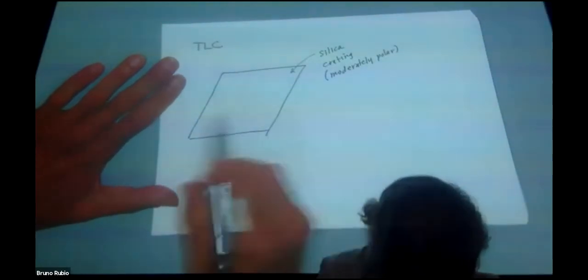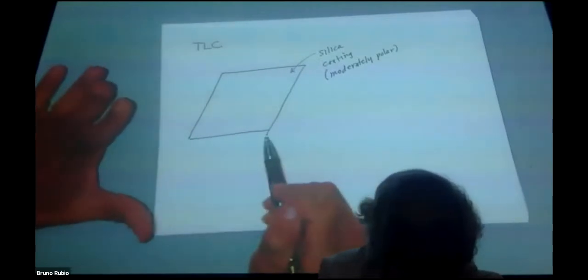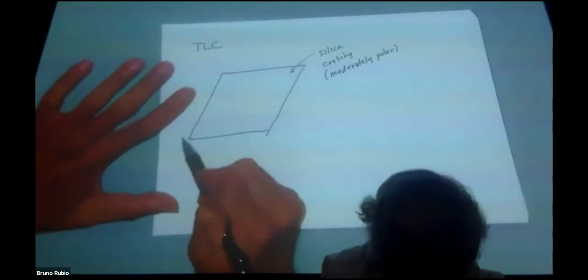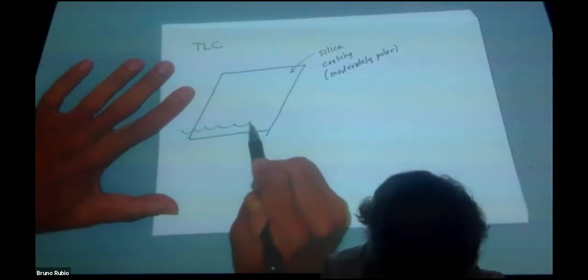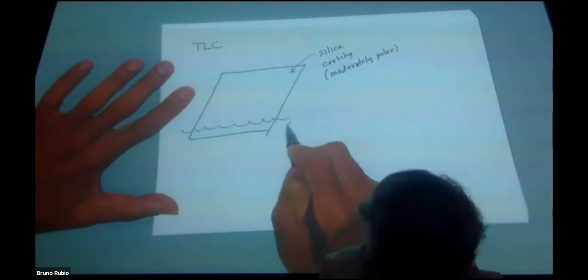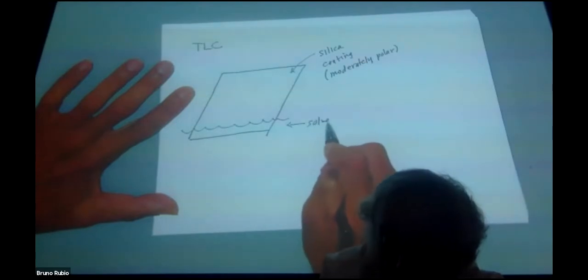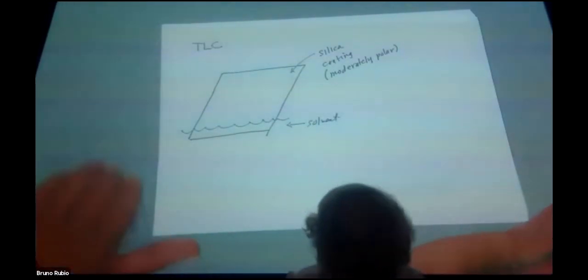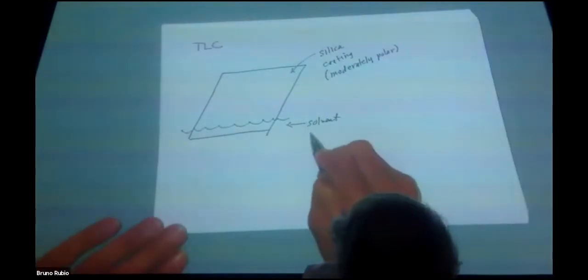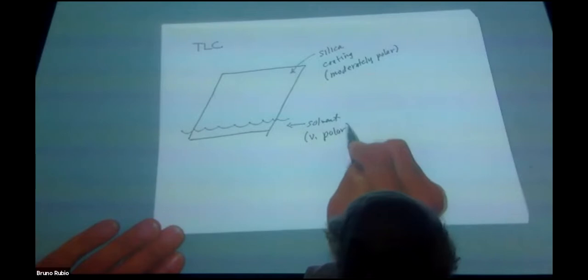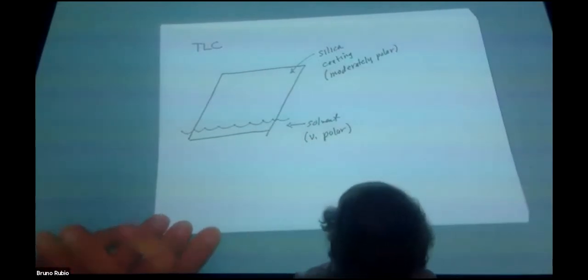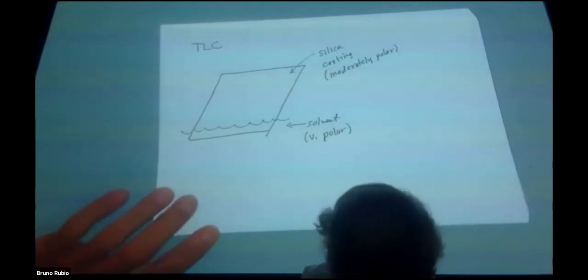Okay, and now the plate is immersed in a solvent, right? So there's the solvent. This is a solvent. And let's just say, for the sake of argument, that this solvent is very polar. Okay, let's say it's much more polar than the silica plate.